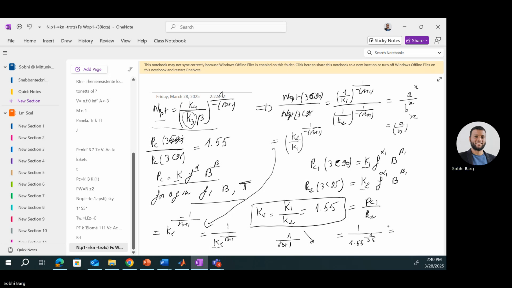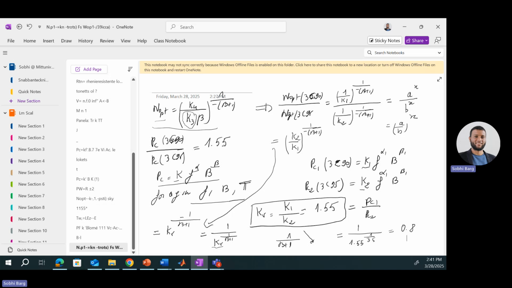So let's see what we get. 1 over 1.5 to the power of 1 over 3.5, we get 0.8. So here we got 0.8.